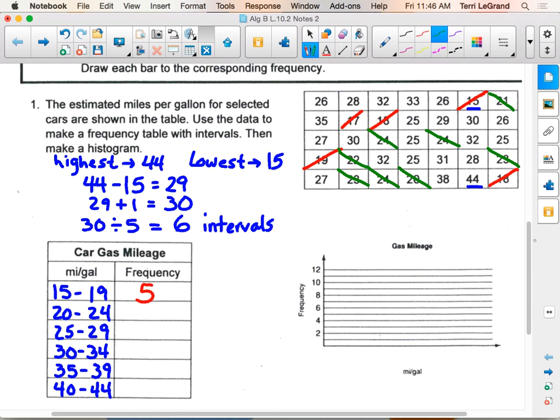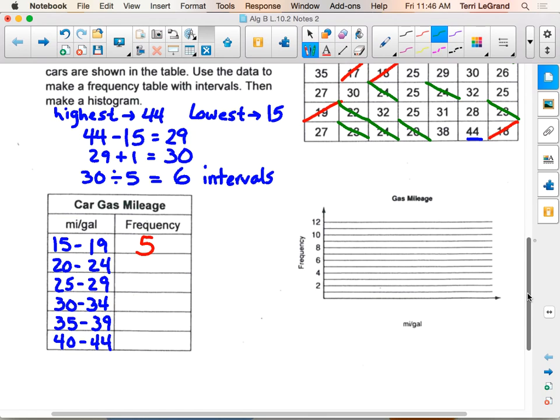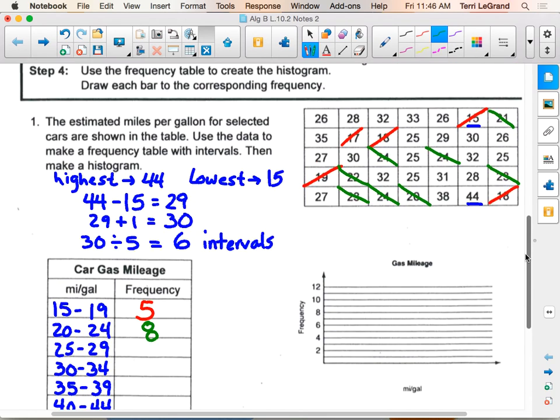How many did you get? 8. And then go ahead and finish filling out your table. Come up with a new way to mark the next ones you're going to include.